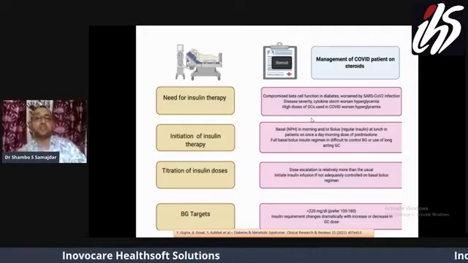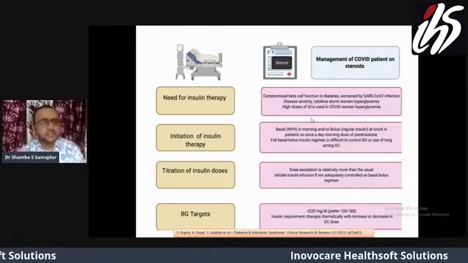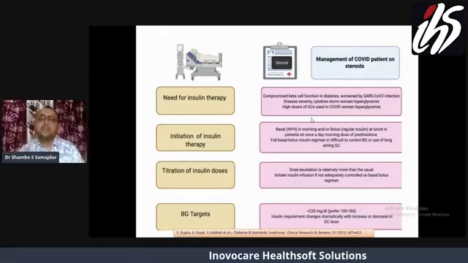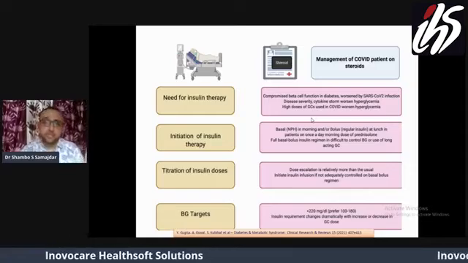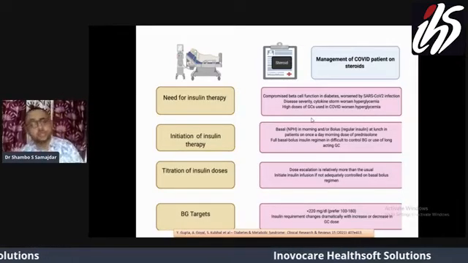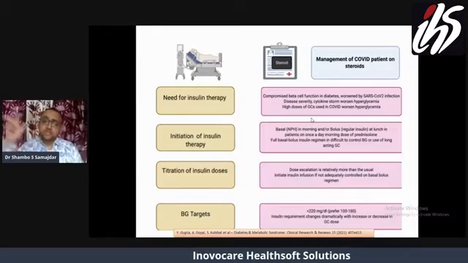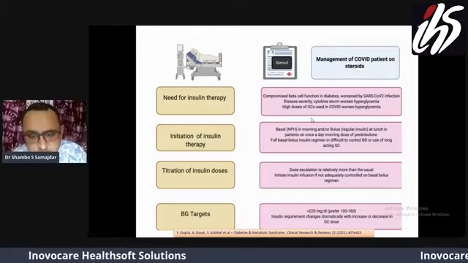But here I want to mention that in our practical experience, the use of prednisolone is very negligible in COVID-19. Generally, we use D and M, that means dexamethasone and methylprednisolone. And when we are using methylprednisolone, generally we use it 16 milligram twice daily. So this requires a full-blown basal bolus insulin regimen.